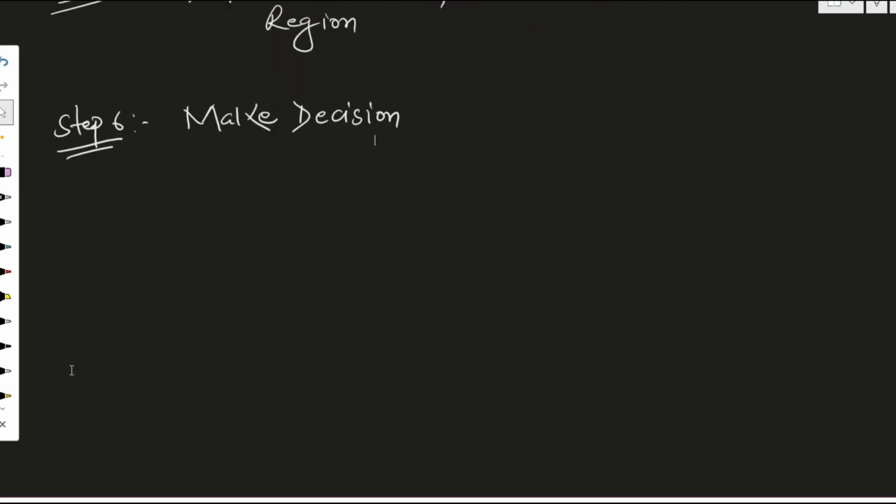So this is all about the different steps in hypothesis testing. Once we make our decision, we draw a conclusion. Whatever decision is made will define the characteristics of the entire population, or give inferences about our claim, right?